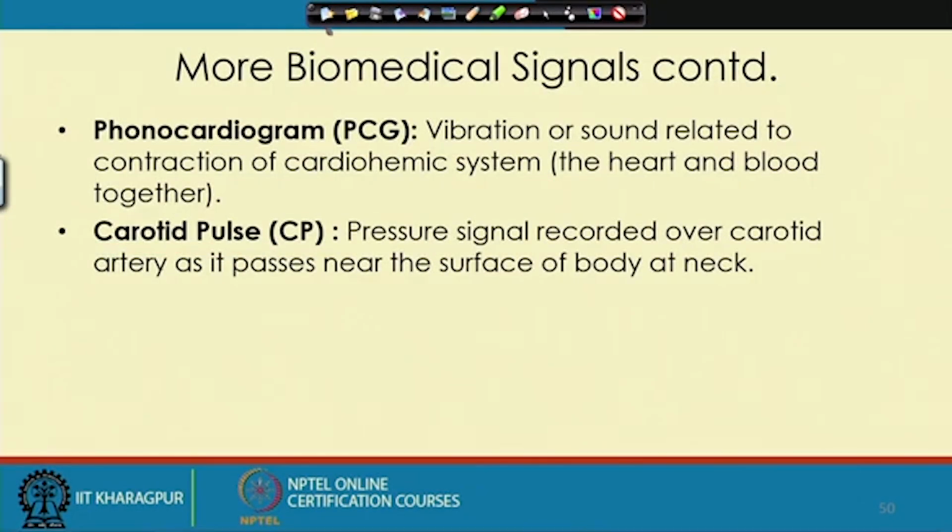There is a momentary dip in the pressure, and again as the valves are closed, the pressure is maintained and we get the diastolic pressure, and that helps to maintain the unidirectional flow of the blood. So, that changeover point we can also get in the carotid pulse signal, and that can act as an indicator of the activity of our heart.